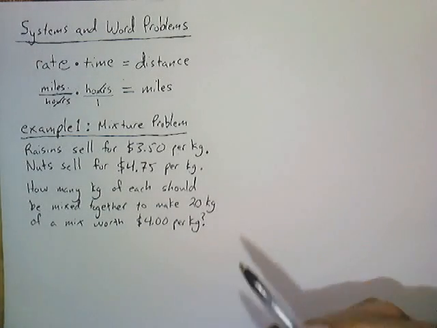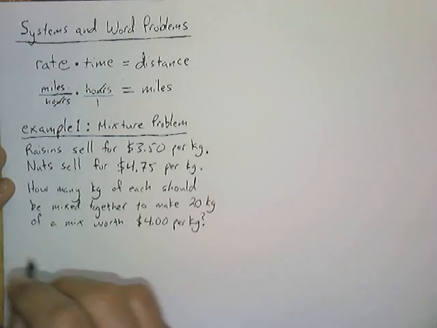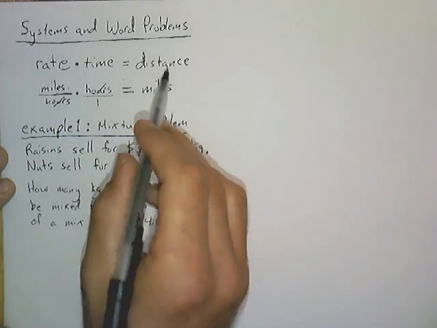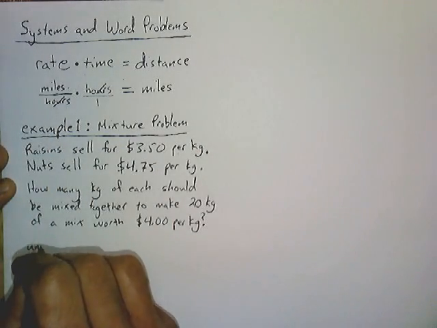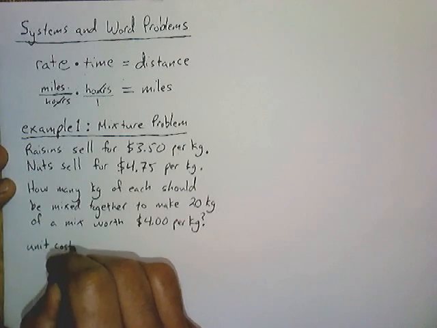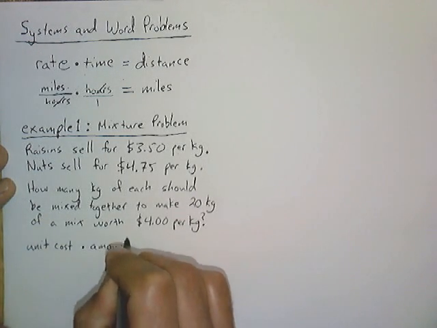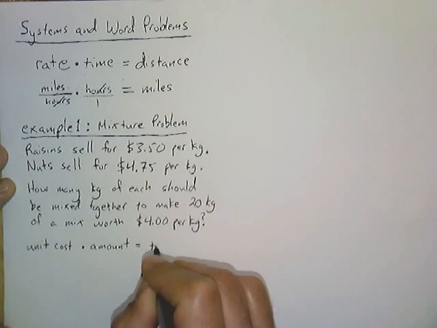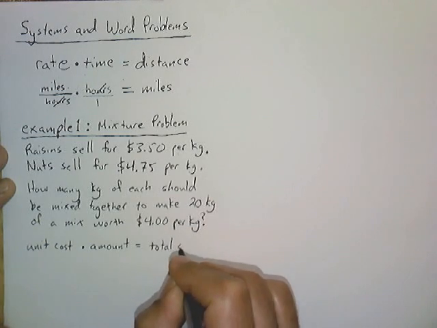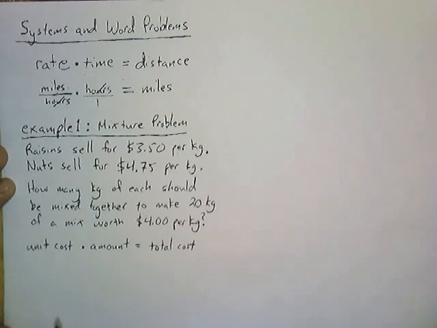All right. So the basic equation we're going to be using here is similar to this rate times time equals distance one. It's a unit cost times the total amount is going to equal the total cost. Let's think about the units we have here.